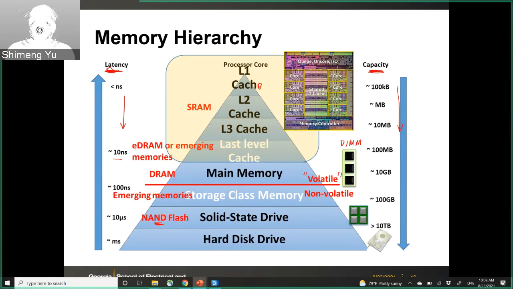They are selling the so-called Optane high-end SSD as this storage class memory. So this is something emerging. Also for the last level cache, sometimes in IBM's server processors, it will have eDRAM, embedded DRAM, as a last level cache. We will talk about those in later lectures.